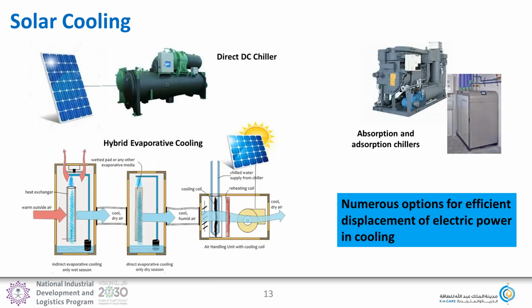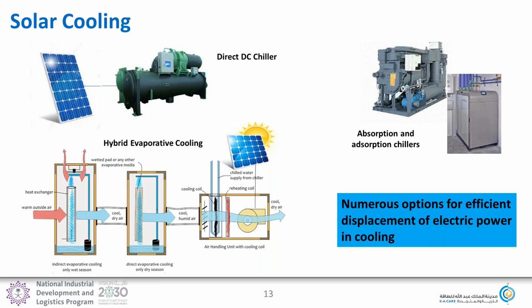Solar cooling. We have an RFP entitled solar cooling, but I want to emphasize that that does not mean that we are just looking for absorption chillers, or what people normally refer to in the literature as solar cooling. What we're looking for is any cooling application that's driven by solar energy.